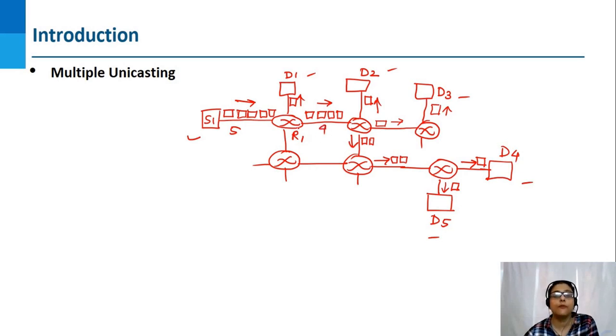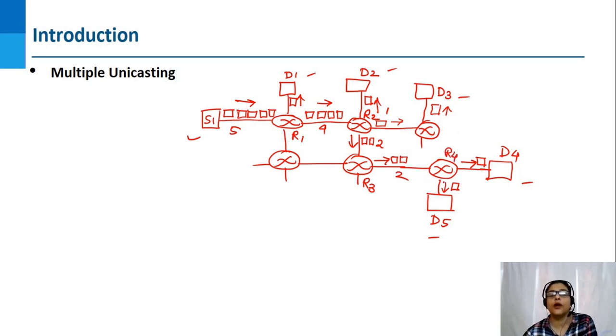Then we are left with 4 packets. The 4 packets come to router R2, and then the packet which is destined to D2 is sent to D2. We are left with 3 packets. 1 packet comes here and the other 2 packets go here. It is sent to, let's say, this router R3. From this router R3, these 2 packets go to this router R4.